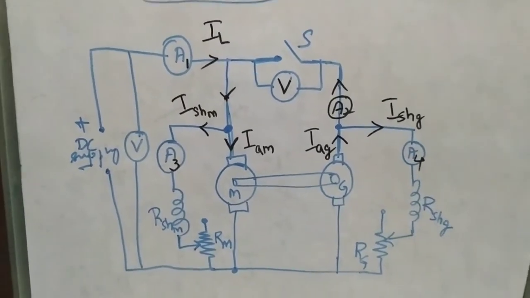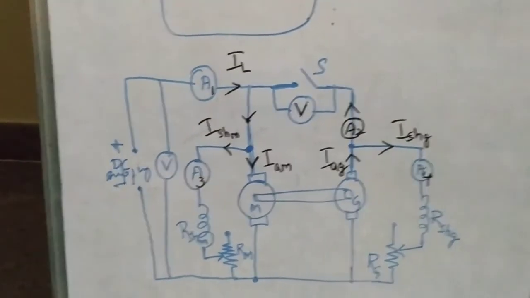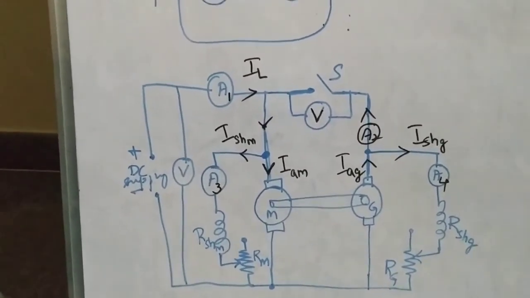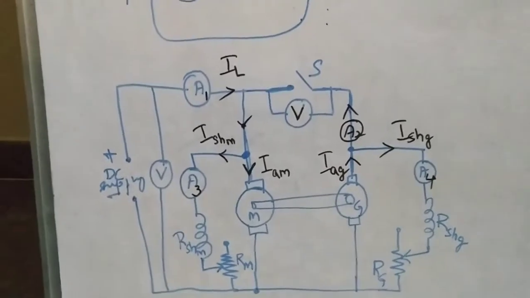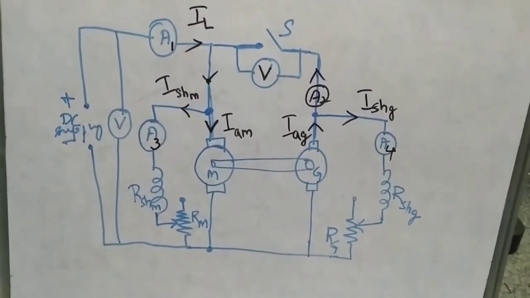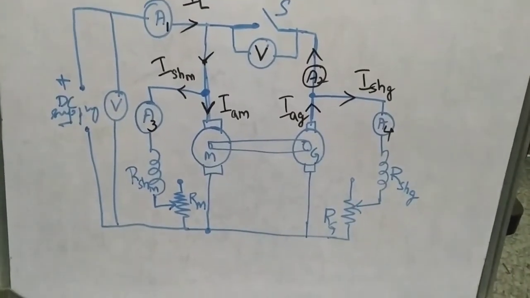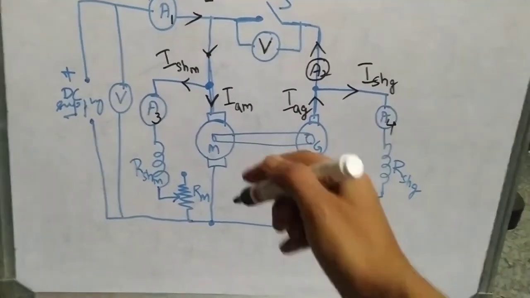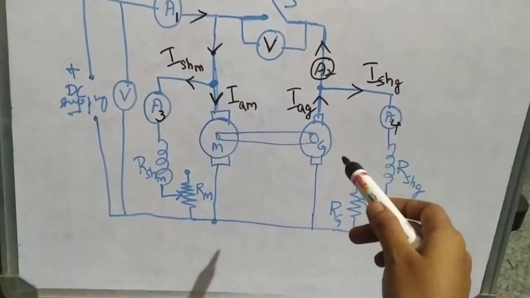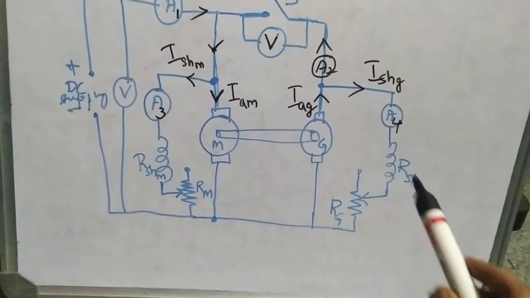Right? So here what is the main purpose? What you can see in this case is that one of the machines is made to act as a motor, while the other machine is made to act as a generator. Initially the switch will be kept open.